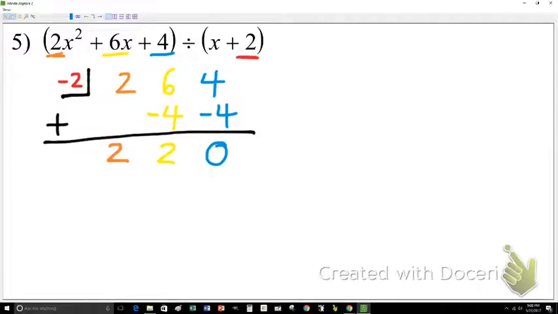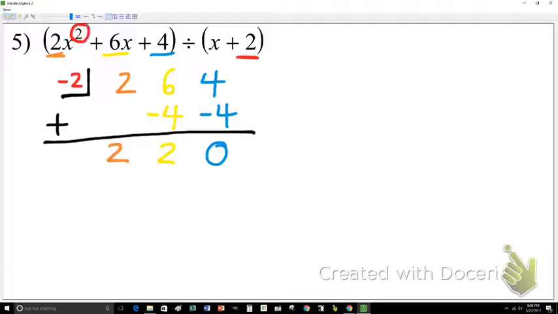Once again, though, maybe you're a little bit confused about how we know what variable to put on those numbers. So all you have to do is look at your powers of your leading terms in both the trinomial that we have and the binomial. In the trinomial, the degree of the leading term is 2.